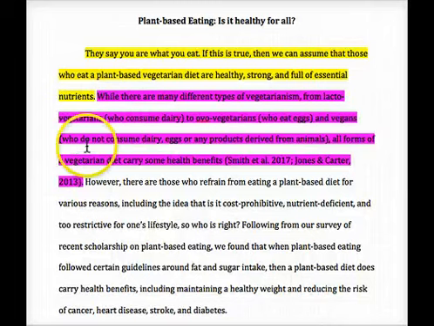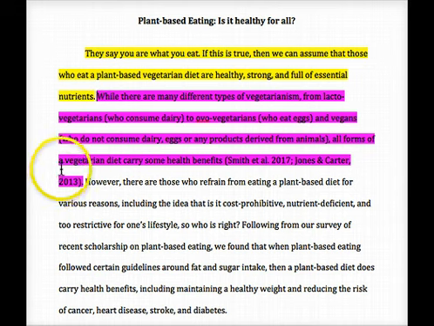And they put them all together at the end and say all forms of the vegetarian diet carry some health benefits, and then they cite some research on that to paraphrase their research findings. So I'm going to assume after reading this that this paper is going to discuss some of the benefits of a plant-based diet based on their citing of research.